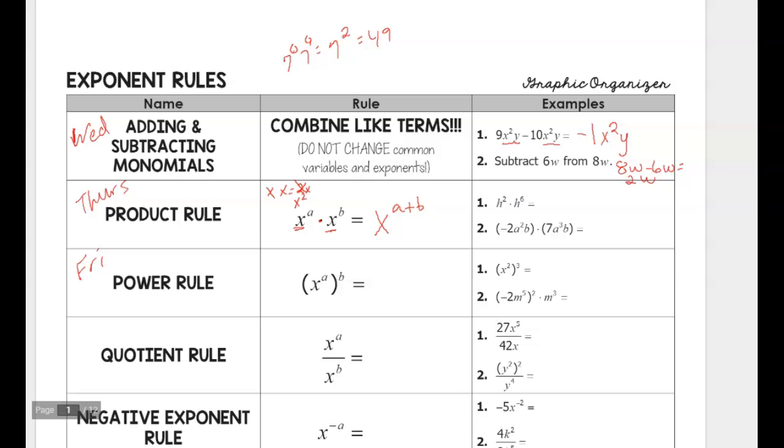So over here, expanding on this, h squared times h to the 6. So that's h to the 2 plus 6, which is h to the 8th. But then if we have numbers, or coefficients, negative 2 times 7, that we multiply, just like normal. But then here, when we're multiplying, they don't have to match like up here.